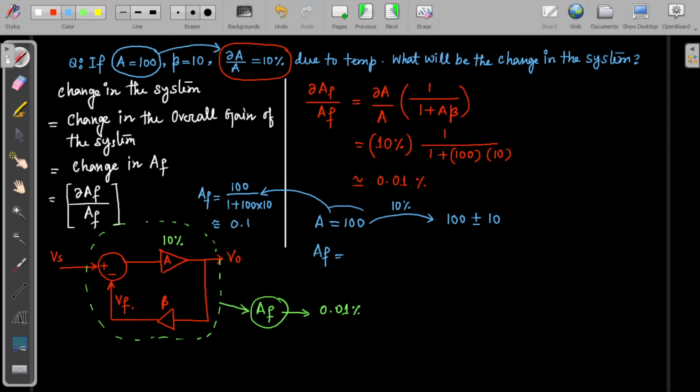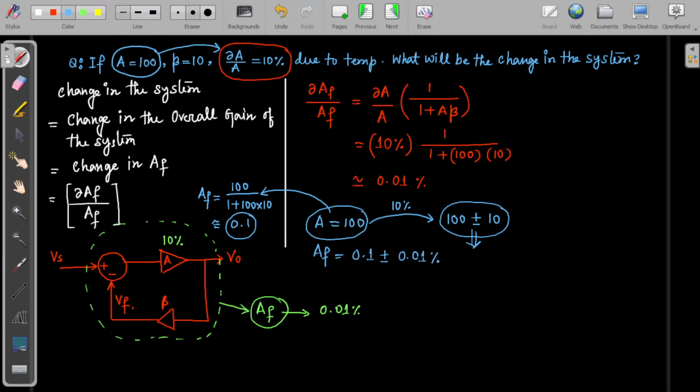Now this A value was providing the total feedback amplifier gain of 0.1. Now the value of A has been changed by 10%. Suppose the value is 10 plus minus 10, because for a 10% change it can either decrease or increase, that's why plus minus. Now in this case, what will be the value of the AF? The value of the AF will be 0.1 plus minus how much?